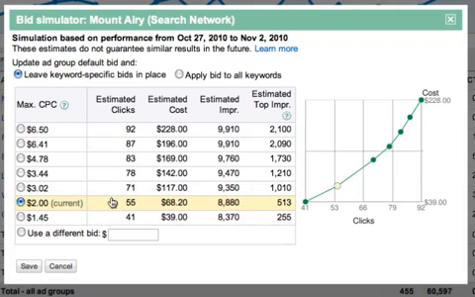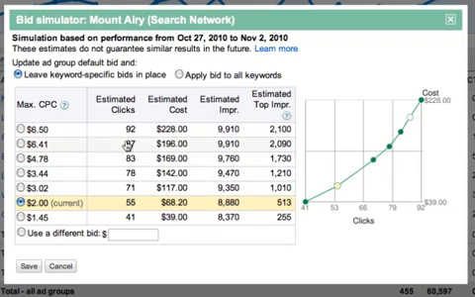So at the $2 current bid in the last 7 days from the Mount Airy campaign, they estimate Kenny got 55 clicks for $68.20 and was shown as one of the top impressions, meaning one of the 2 or 3 above the organic results, the top of the list that you see when you do a search on any of those terms. He was shown there 513 times of the 8,800 impressions.